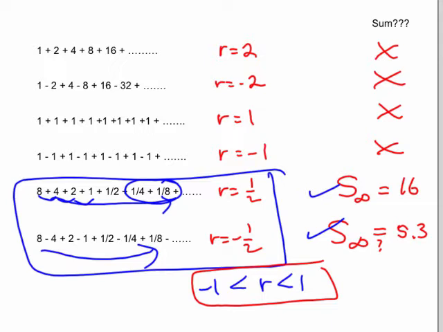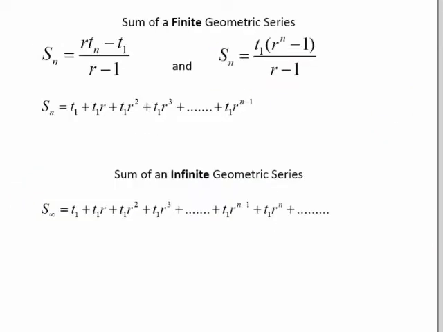The question now is exactly how do we calculate this via a formula? To answer that, let's look back to our understanding of a finite geometric series. We have two formulas for calculating the sum of a finite geometric series, from term 1 up to term n.